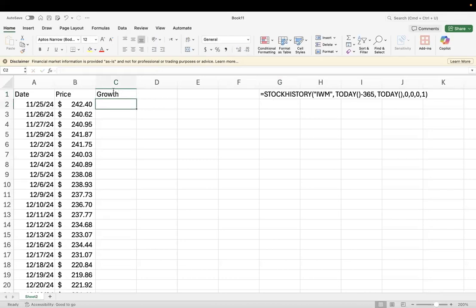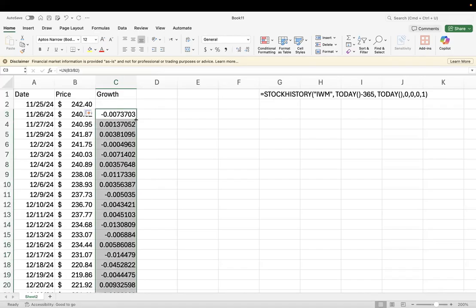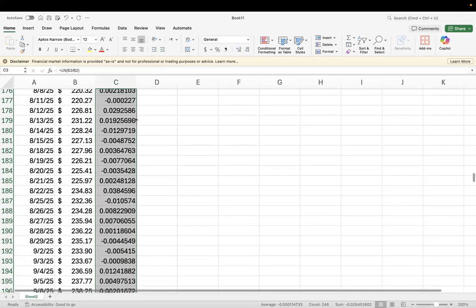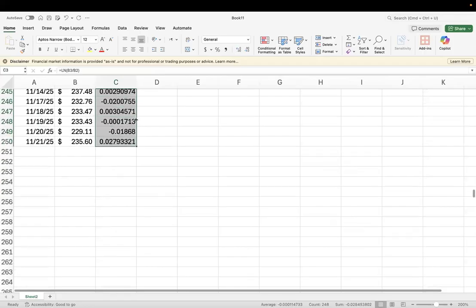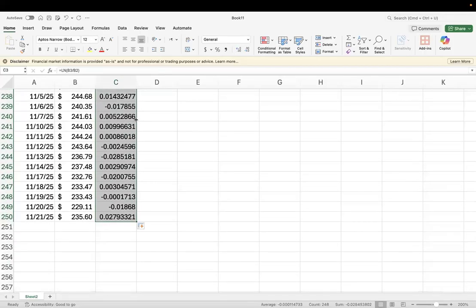So I can just say the growth would be equals natural log, or ln, of this divided by this, and hit enter and calculate this for all of the cells. Perfect. So this is the daily change, the daily growth that we have in percentages.